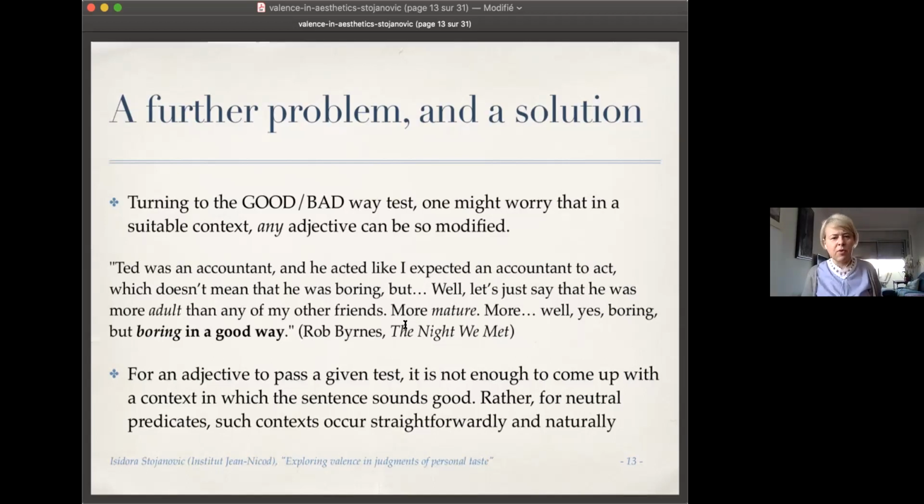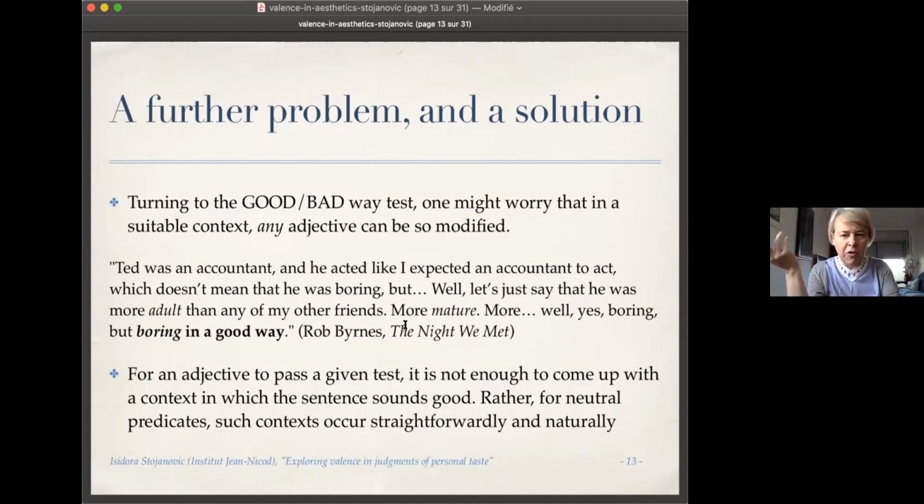So you have this phrase boring in a good way, and now you may think, well, if you do find other adjectives that pass the test, does this mean that boring after all only looked negative but is neutral?